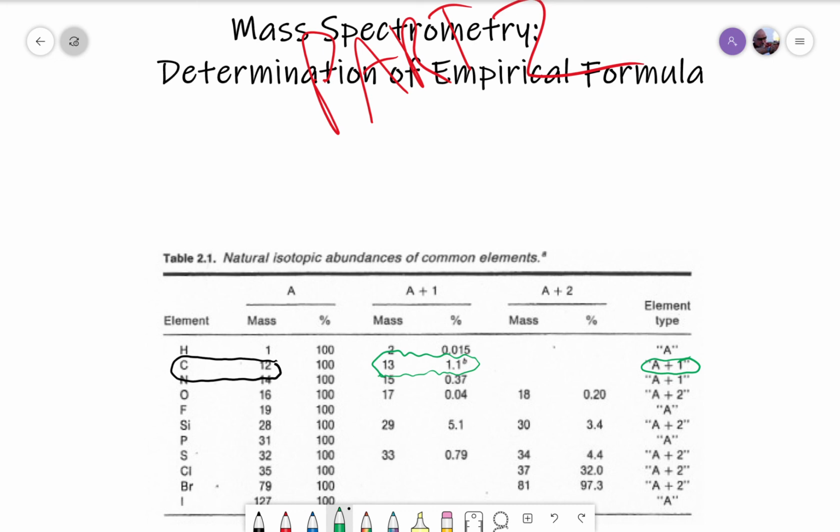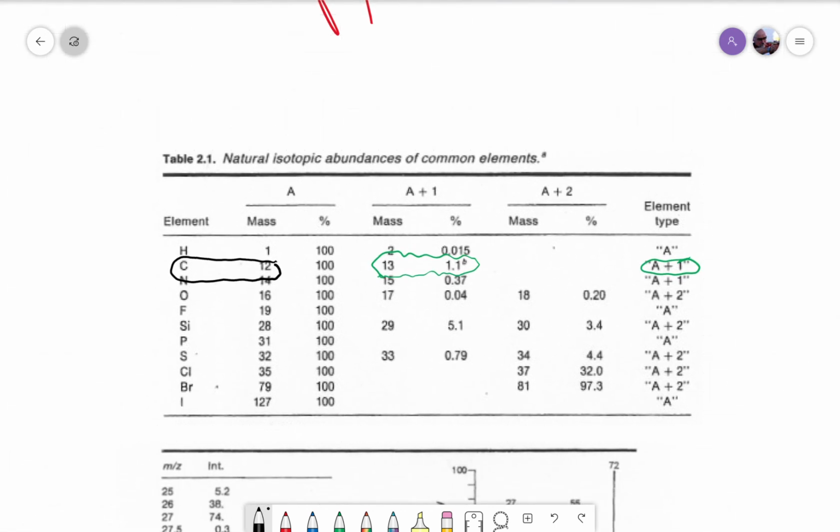So carbon-12 will be the most common. Carbon-13 will show up at 1.1% for every carbon that is there. Oxygen, its most common isotope is 16. It shows up most of the time. Oxygen 17 typically doesn't show up.